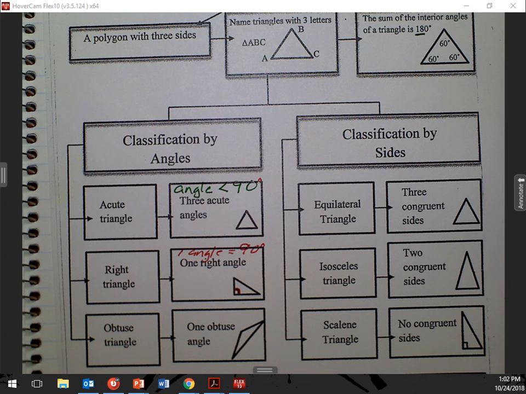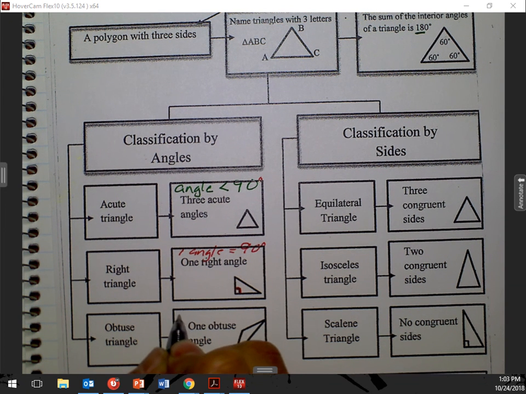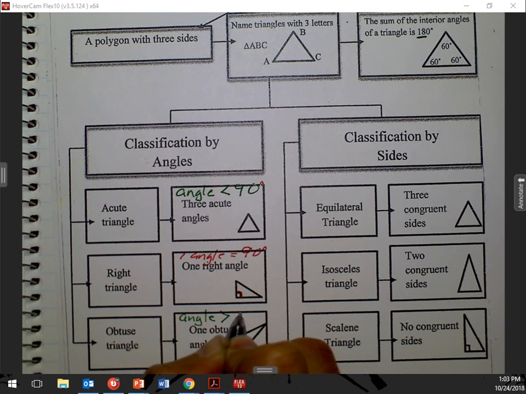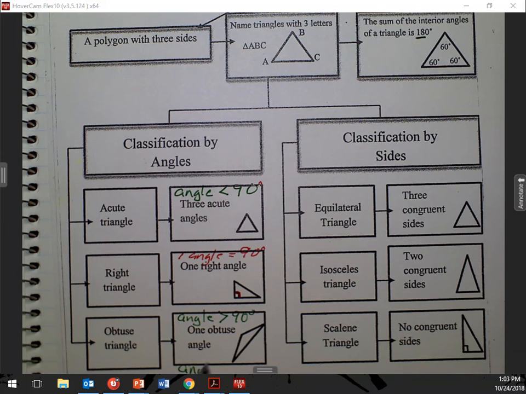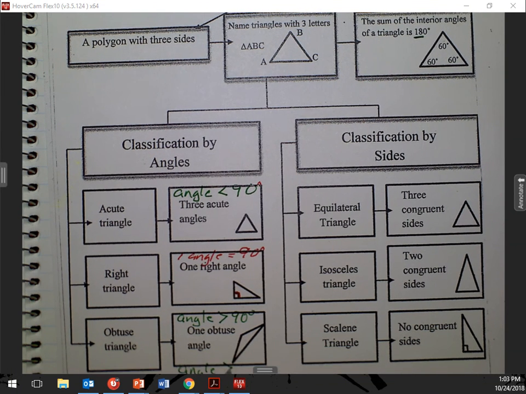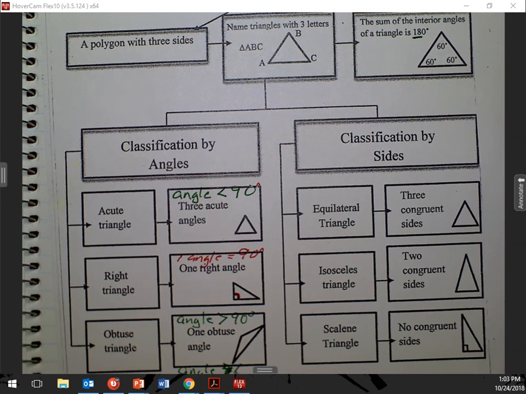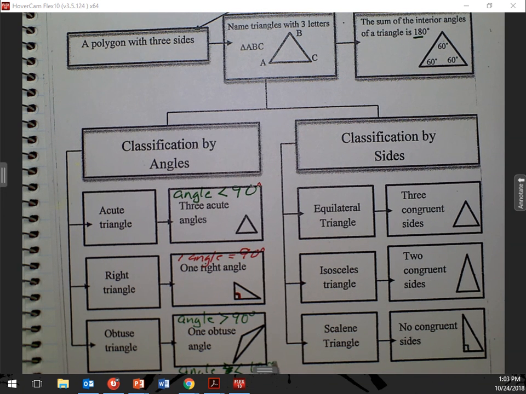All right. So now for this next one right here, it says obtuse. An obtuse angle is more than 90 degrees, but less than 180. So my angle is greater than 90 degrees, but it also has to be less than 180 degrees.